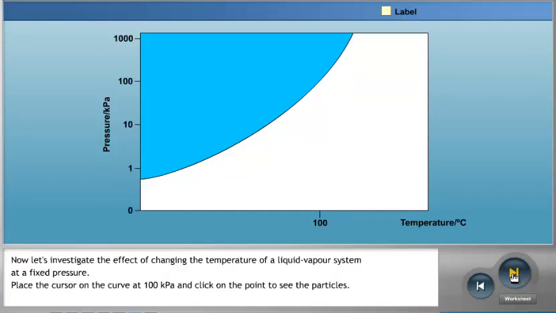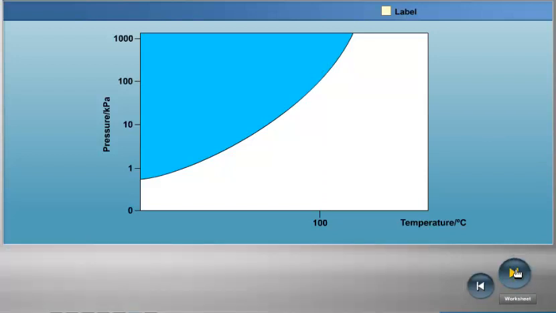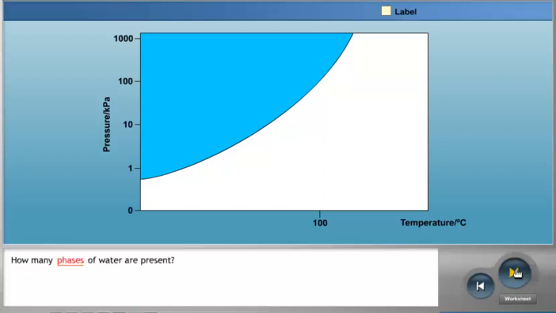Now let's investigate the effect of changing the temperature of a liquid-vapor system at a fixed pressure. Place the cursor on the curve at 100 kilopascals and click on the point to see the particles. How many phases of water are present? Answer: 2.